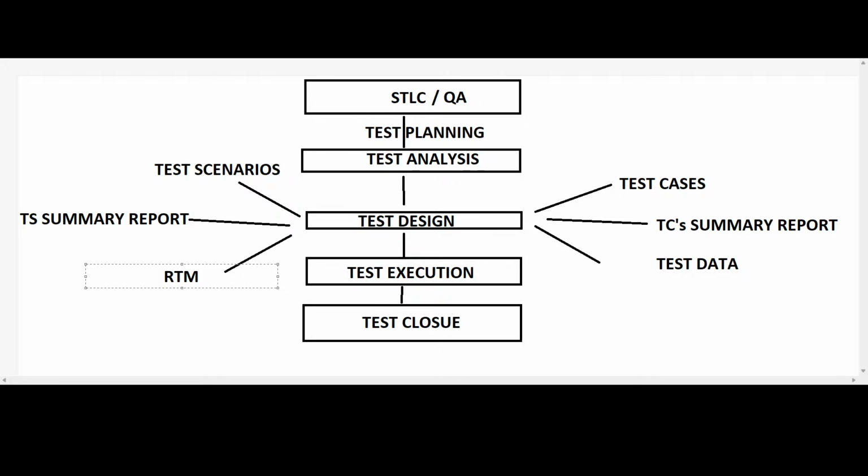This testing will be done on both the manual and automation side, because if you are testing an application and not using any automation tool such as Selenium or QTP, then that testing comes under manual testing.